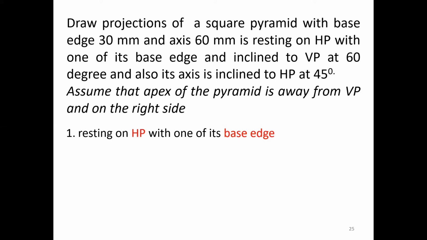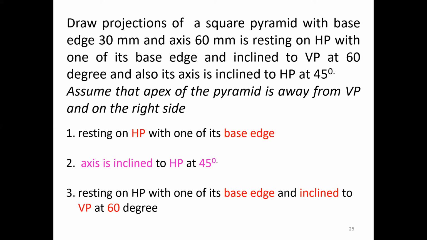The first one, it is simply resting on the horizontal plane on its square base, such that we are maintaining one base edge on the right side. Second case, the axis is inclined to the horizontal plane at 45 degree. Third case, the resting base edge is inclined to the vertical plane at 60 degree.